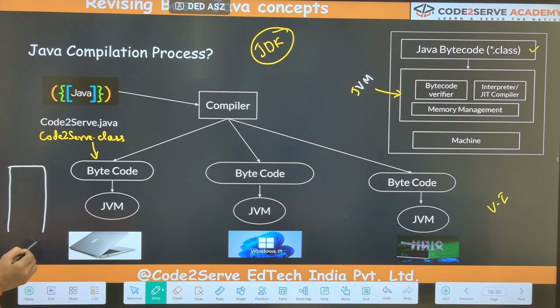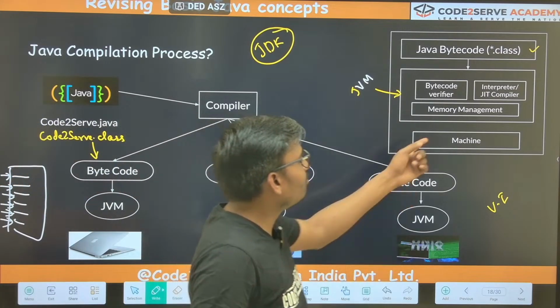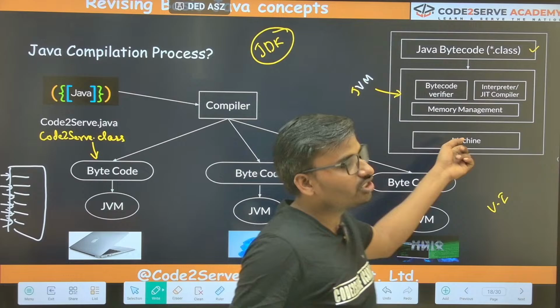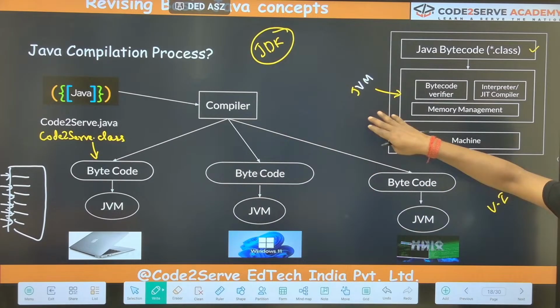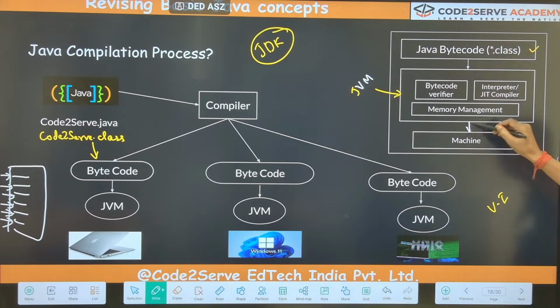Suppose you wrote 100 lines of code. The JIT will convert all these lines of code one by one. It will convert all the bytecode it got into machine code.